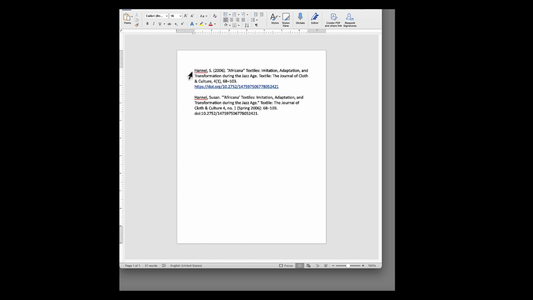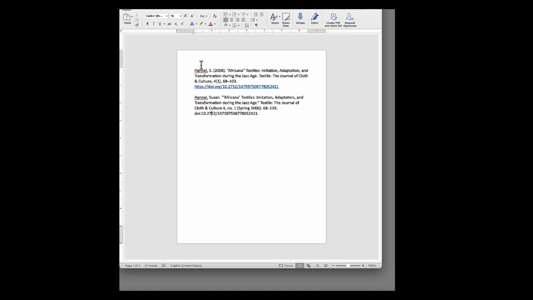So for the APA citation, you get the last name, the first initial, the date, the title of the article, the title of the journal, then the issue information, so volume and number, pages, and the DOI link, which is the document identifier.